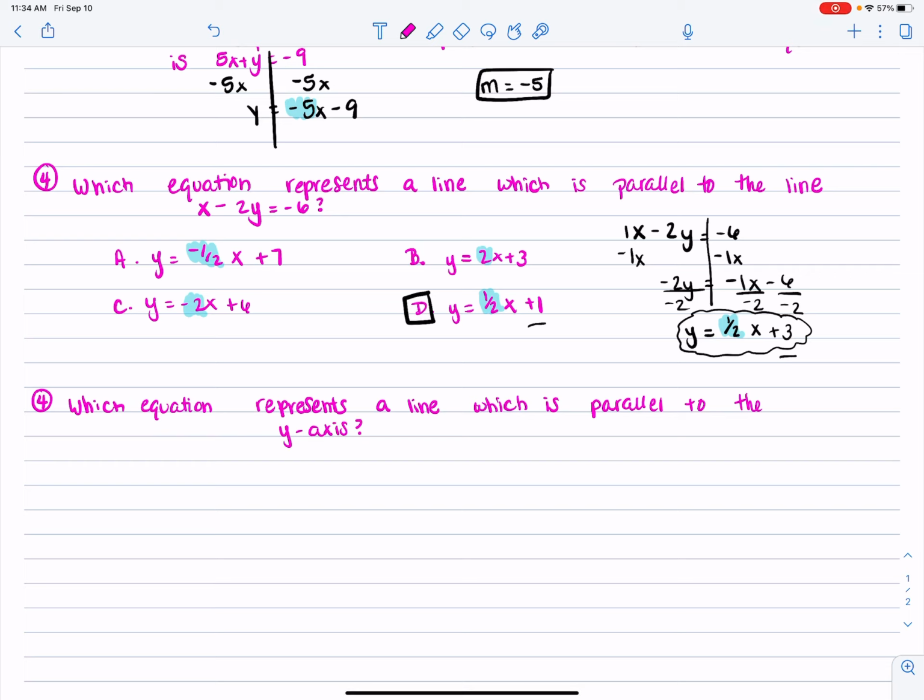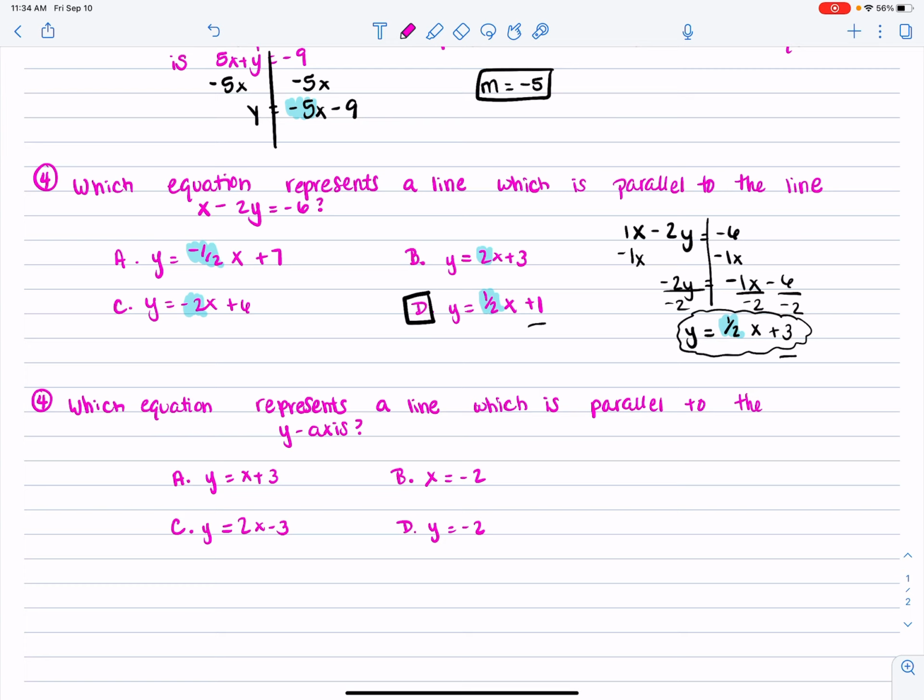And again, we have some answer choices. A, y equals x plus 3. B, x equals negative 2. C, y equals 2x minus 3. And D, y equals negative 2.